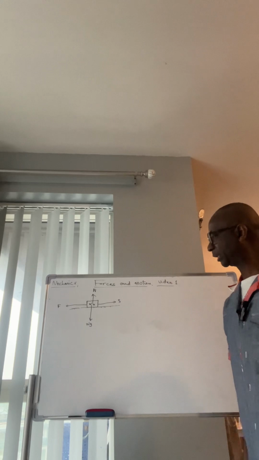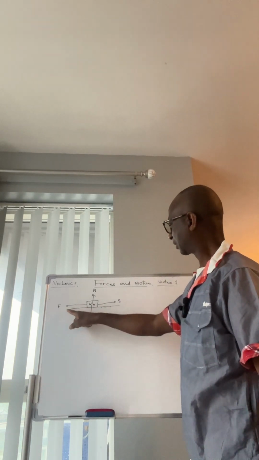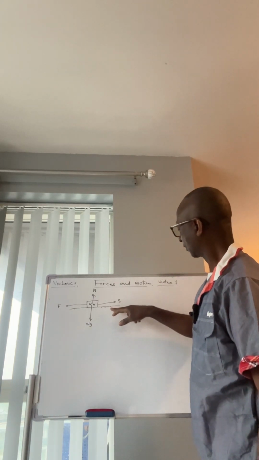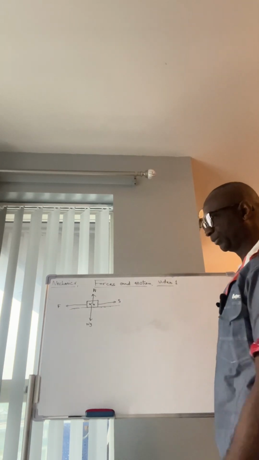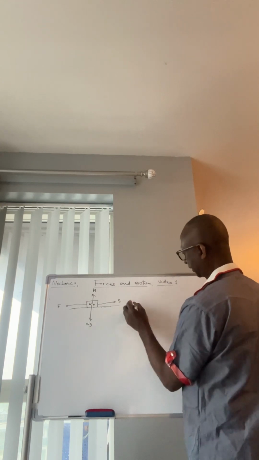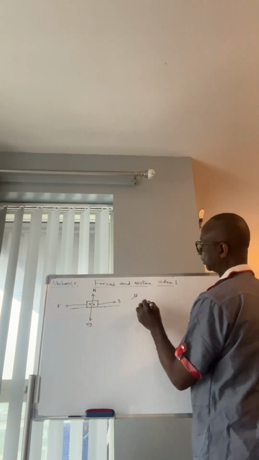But one thing I'd like to mention here, because of the friction this rough surface is applying to this block, that friction, we call it the coefficient of friction. This is the symbol, mu.